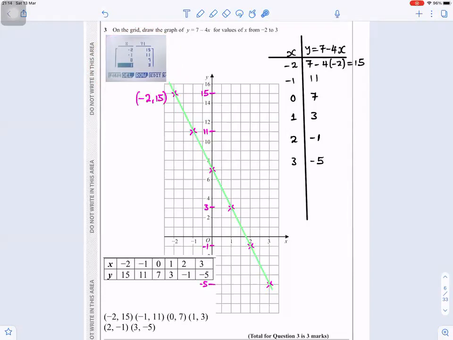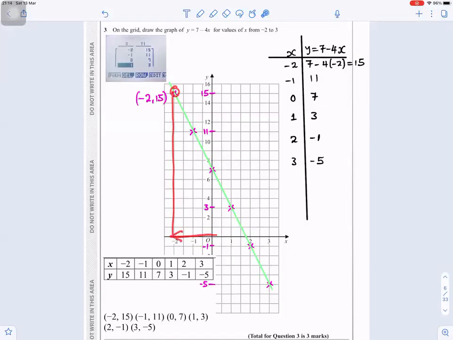So I put in the function y equals 7 minus 4x. I start at -2, I end at 3, and it gives me the answers there in the table, and I just write it down. At the bottom left, that's the table completed, and you use the values to plot the graph. So the first pair of points is -2, 15. Go -2 to the left and 15 up.